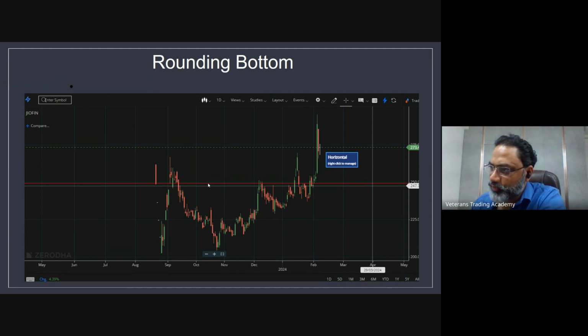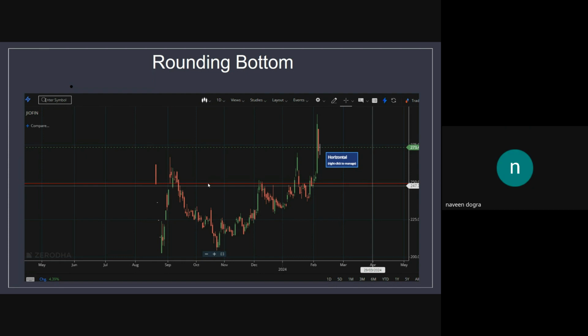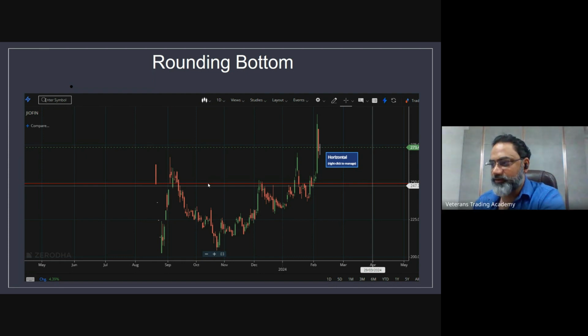So you can assume the market is just taking a breather. Because volumes were very high on the day when the market went up, you can assume this is a normal correction, and we can presume it to go up further. But all these things you have to understand, sir, these are all probabilities. There's no 100% thing. Only your probability is increasing, and you are looking for the signals which show you more probability towards one side.